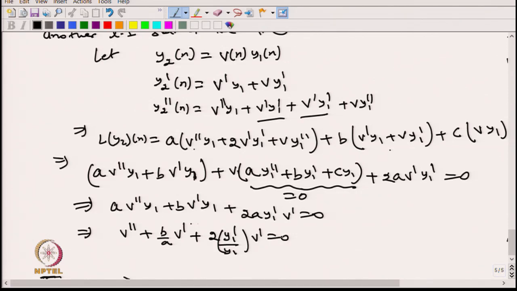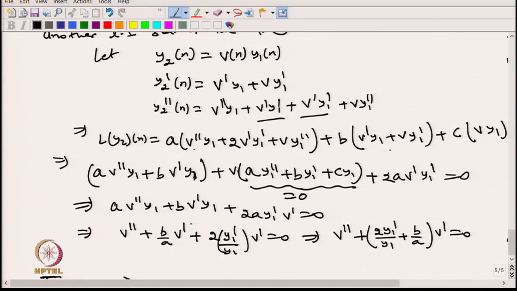So, from here I will further write it like this. It will reduce to v double dash plus 2 times y1 dash over y1 plus b over a v dash equal to 0.